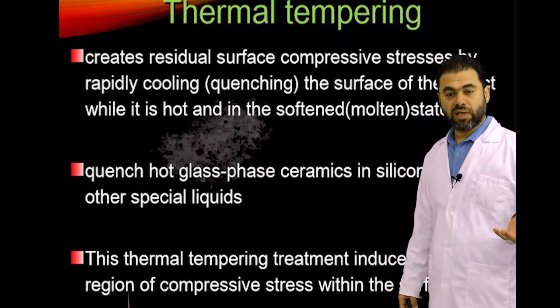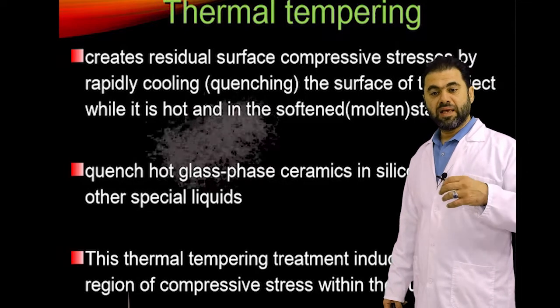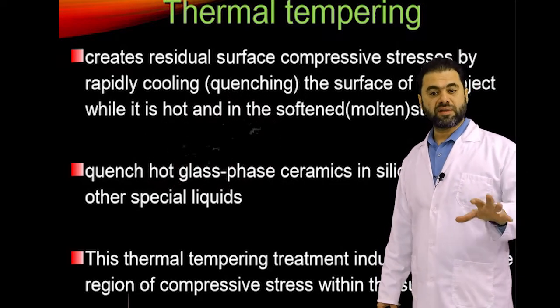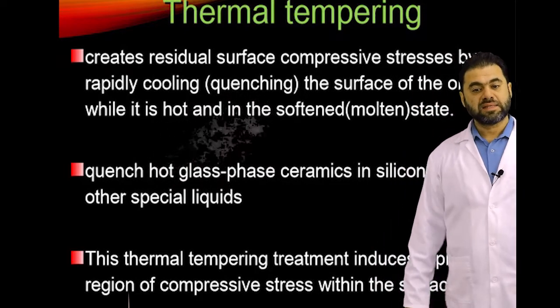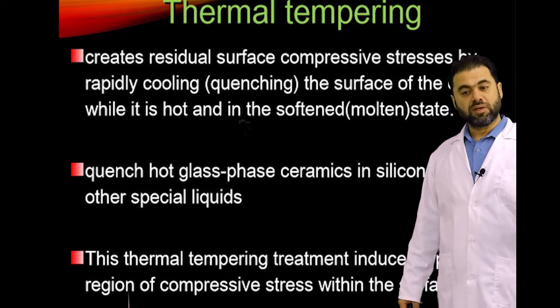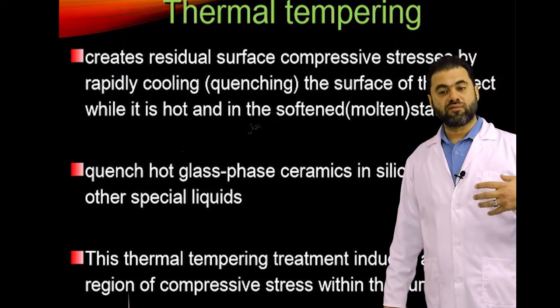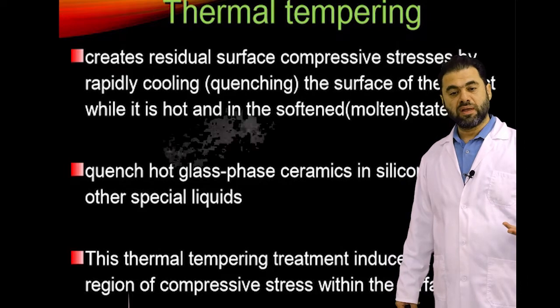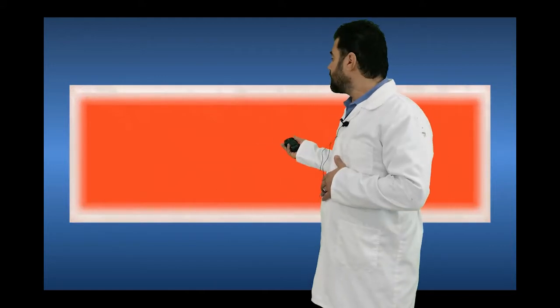So we quench the hot glass phase ceramic in silicone oil or other special liquids. This thermal tempering treatment induces a protective region of compressive stress within the surface. In thermal tempering, the ceramic is heated to a high temperature, then quenched in liquid, let's say silicone oils or any specialized liquid.